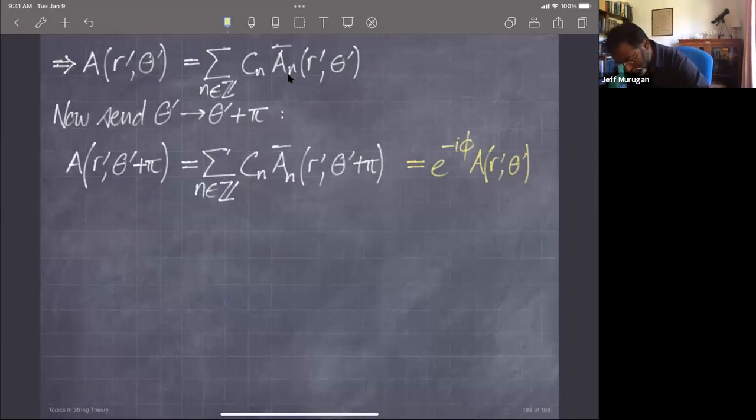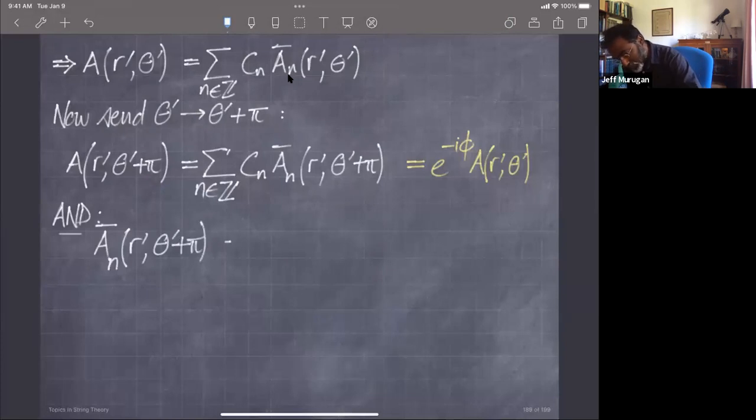Moreover, and this is an important point, my amplitude A_n bar of r prime, theta prime plus pi is actually A_(n+1) bar of r prime, theta prime.